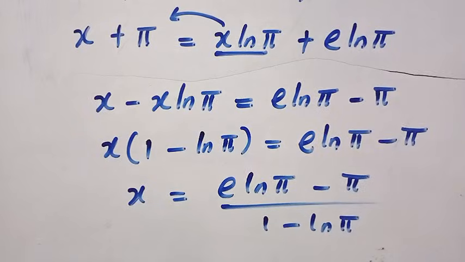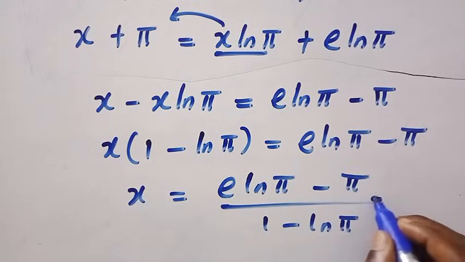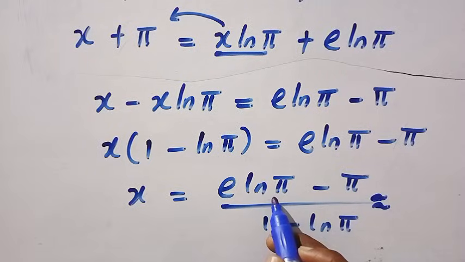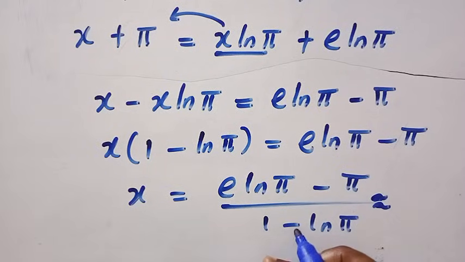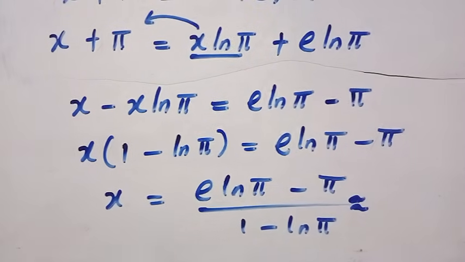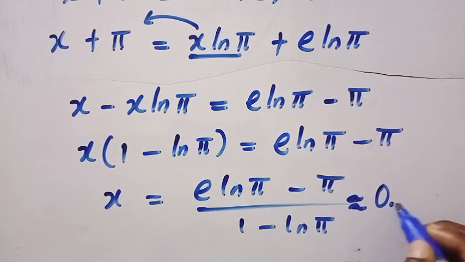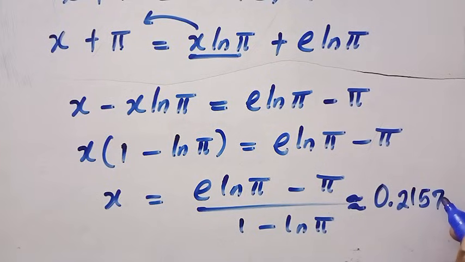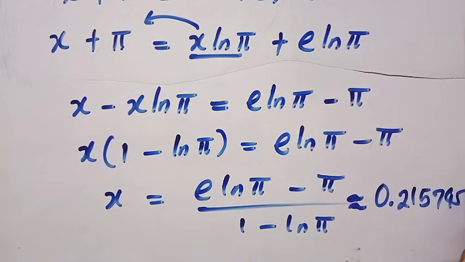So here is the solution for x. When we take e multiplied by ln π minus π, divided by 1 minus ln π, this is approximately 0.2157 95.